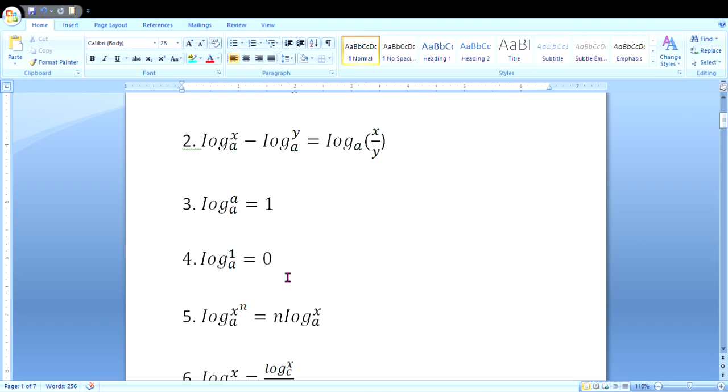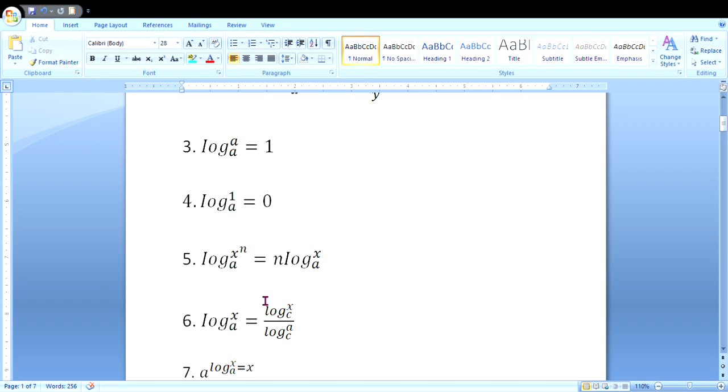Then number four: if we have a logarithm of 1 to any base, the result is usually 0. Then if we have a logarithm of a number, let's say x raised to the power of n, this logarithm can also be expressed as the power times the whole logarithm here.